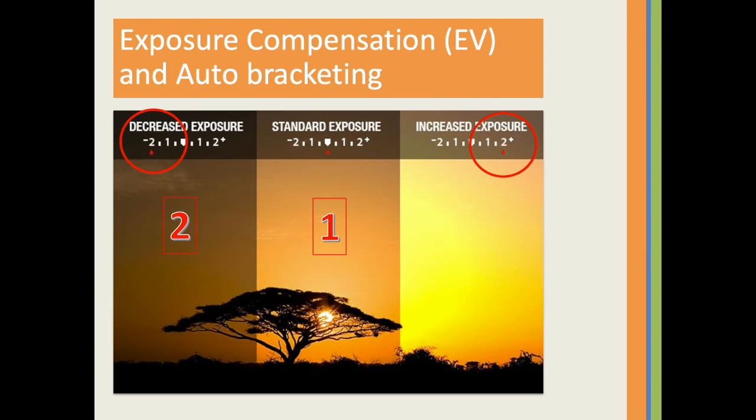Here it's set at -2. And then it will take a third image overexposed at the same bracket, but this time +2. So that's how you can do auto bracketing of your images. You do that from the menu, set your camera to continuous shooting drive mode, and press your shutter and keep it down until your 3 images are taken. Then you can review them in your processing software and either overlay them or choose the one that has the best exposure for the message you are trying to convey.